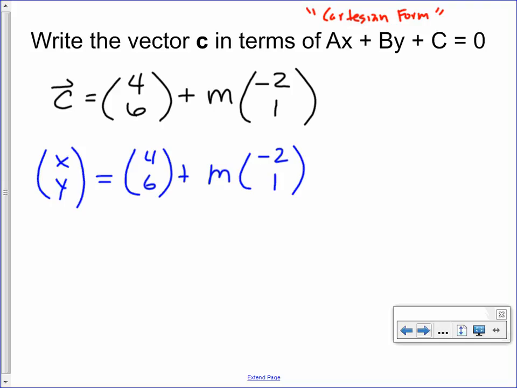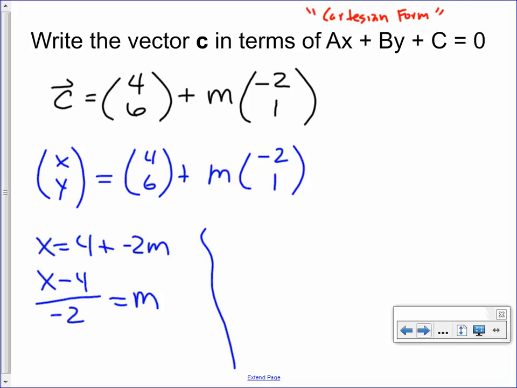This is just like before. The x component is equal to 4 plus negative 2m. True? Right? Which means (x minus 4) divided by negative 2 is m. True? Okay.